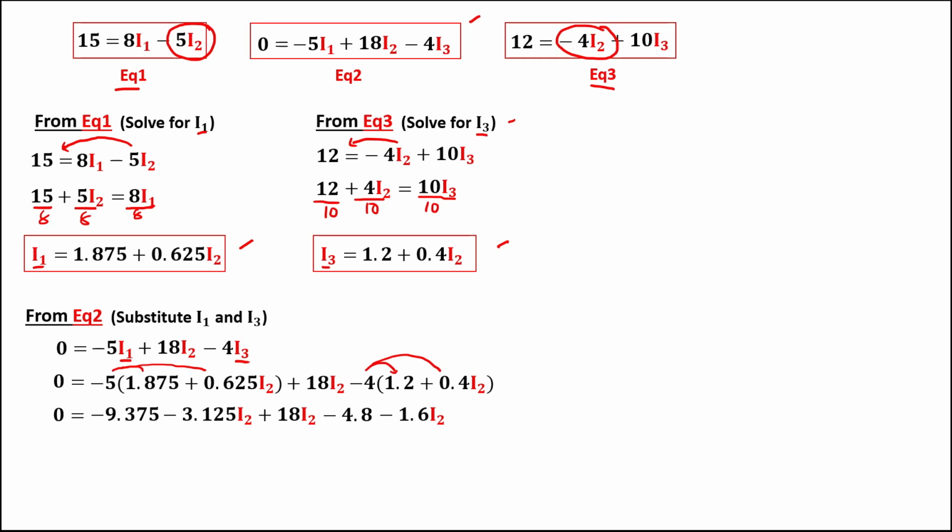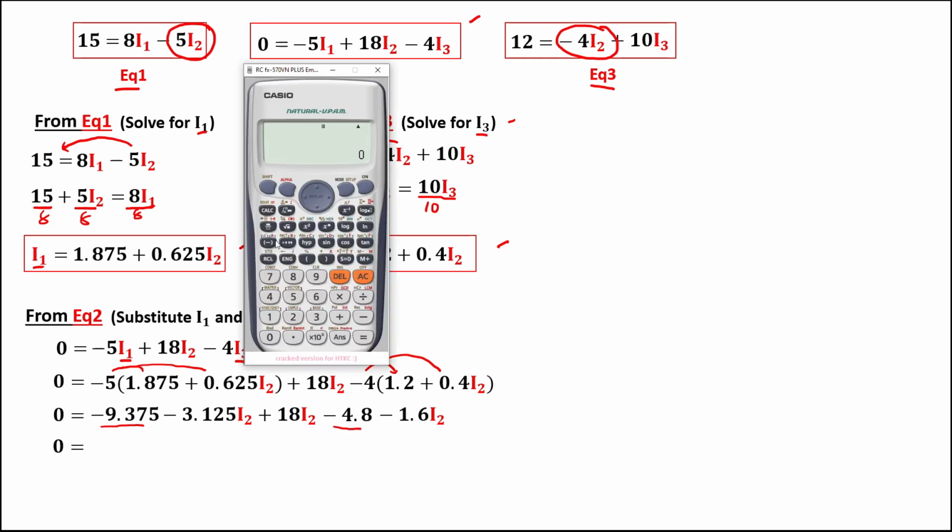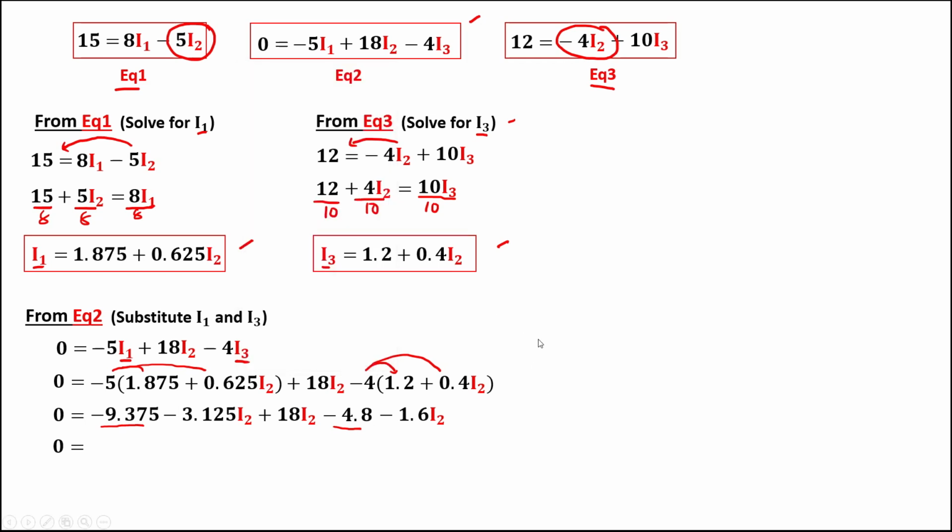Then we can now combine like terms. Negative 9.375 and negative 4.8: negative 9.375 minus 4.8 is negative 14.175.